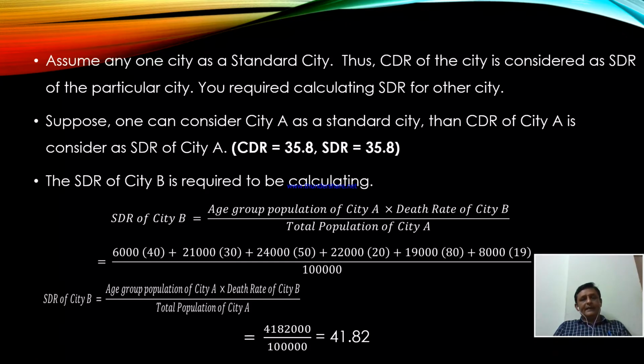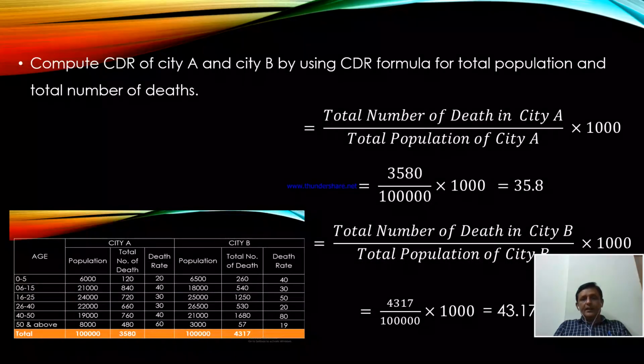Thus, we consider the CDR of that city as the SDR of the same city. You need to calculate the SDR for the other city. Now, suppose in our case we consider city A as the standard city, so what CDR did we calculate for city A? Let's check that. Here it is 35.8.